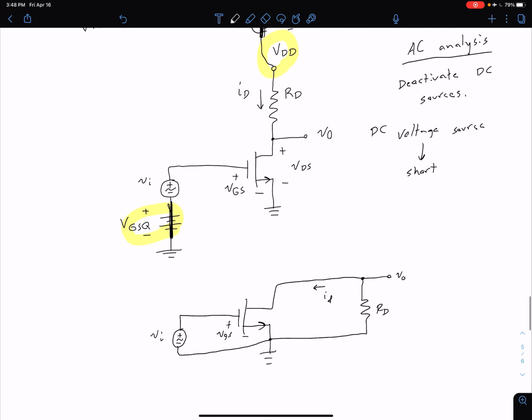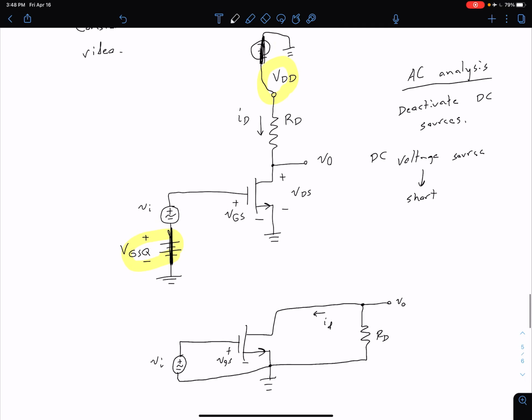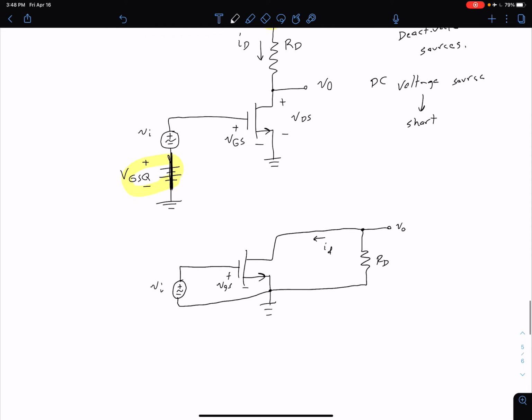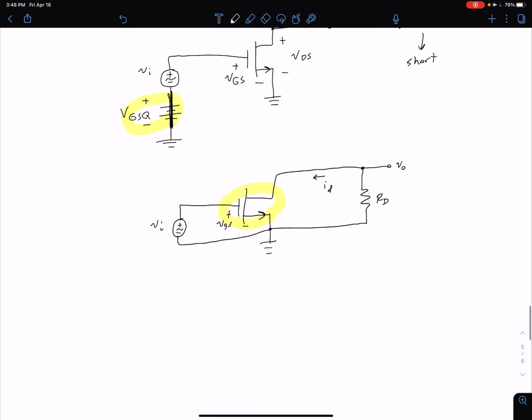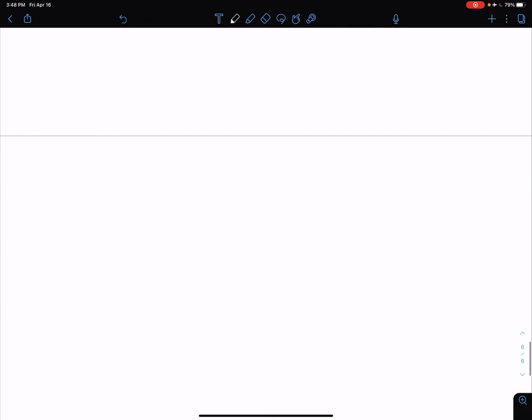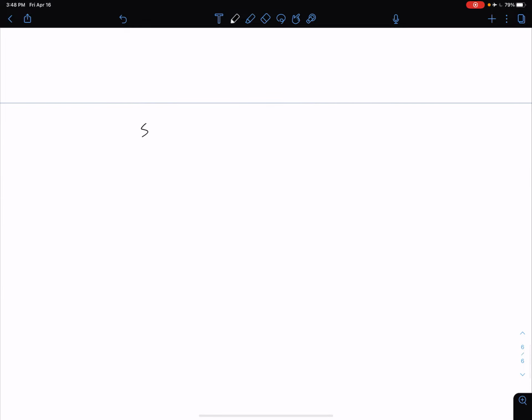Okay, so that's the first step in creating our AC equivalent circuit, but just like with our BJTs, we can take this a step further, and we can ask, how can we make this transistor something that's a little easier to handle? We're going to do that with a small signal equivalent circuit.